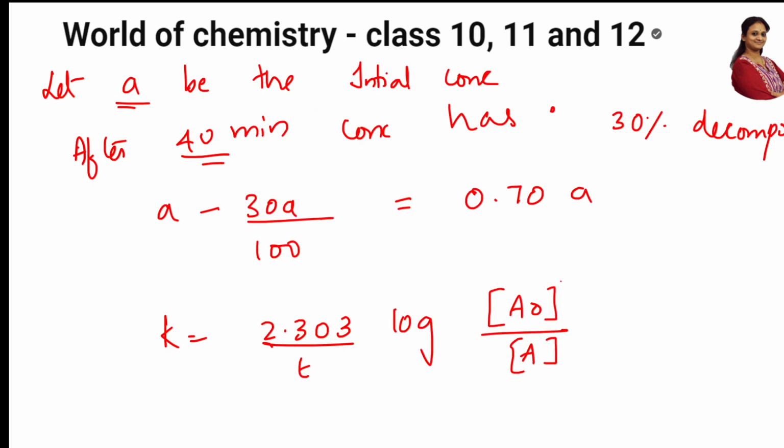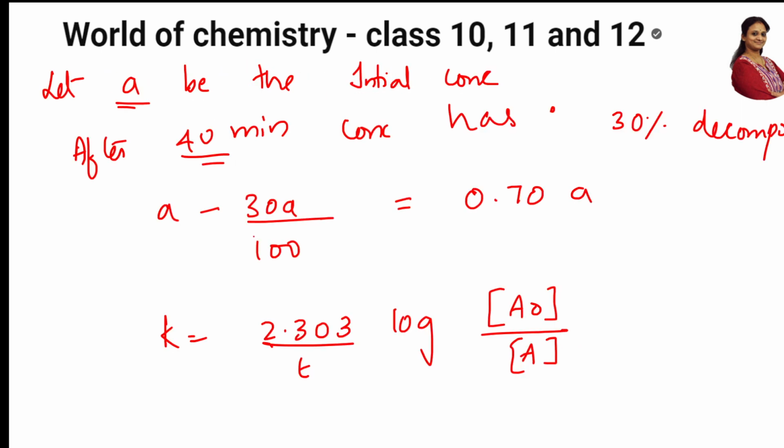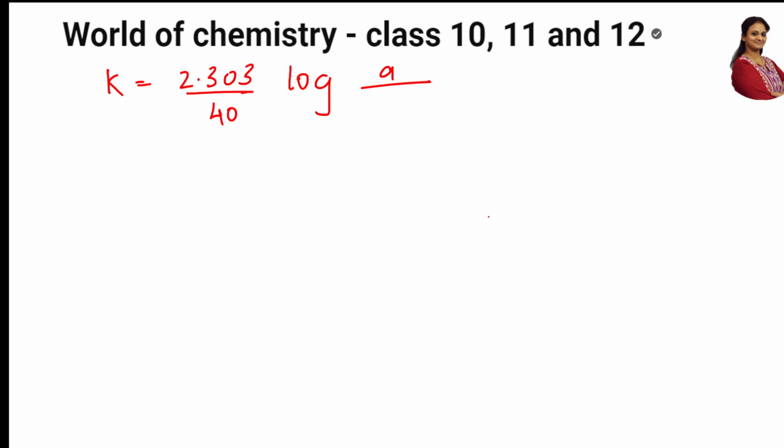Initial concentration was a naught, how much? a. And after some time, how much was it? The a value was, a part of it decomposed, 0.70. Okay, now a log value has come.